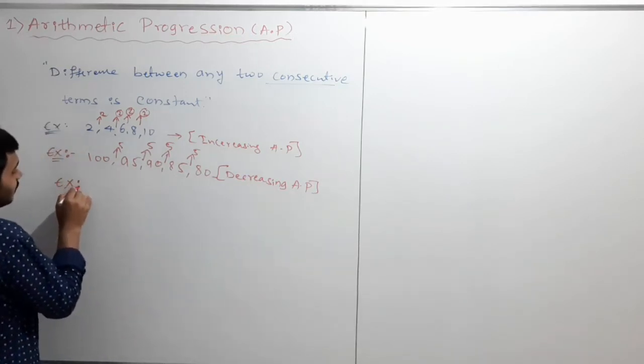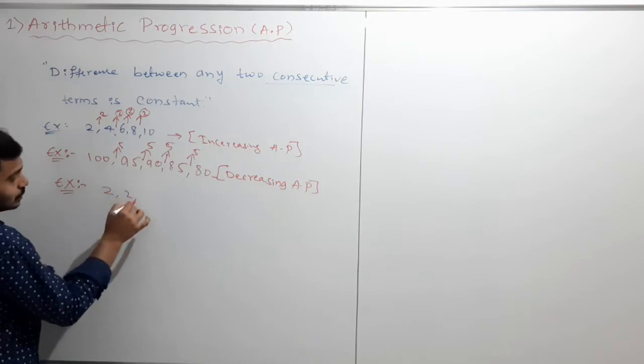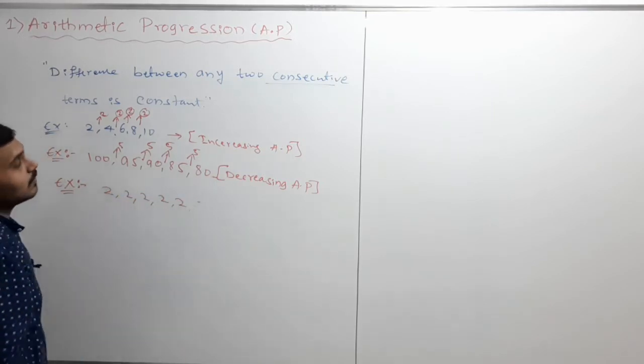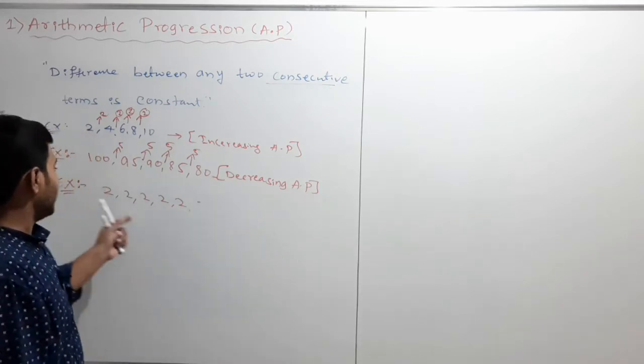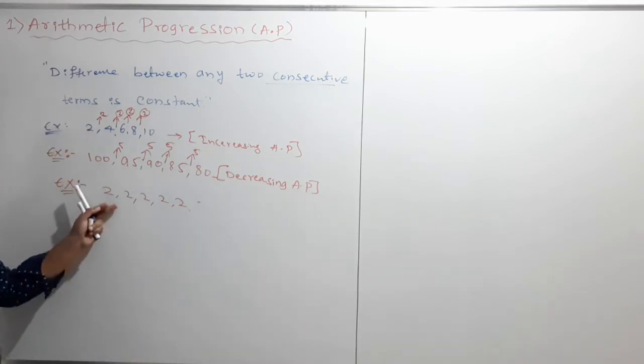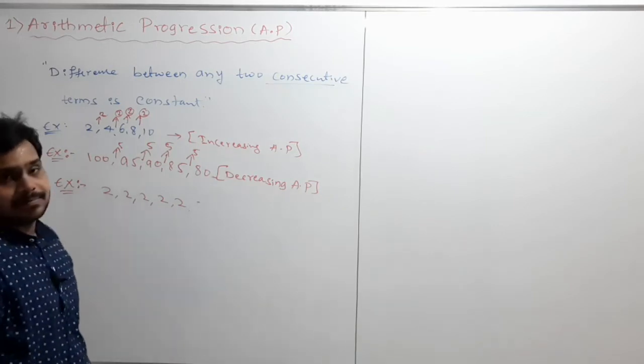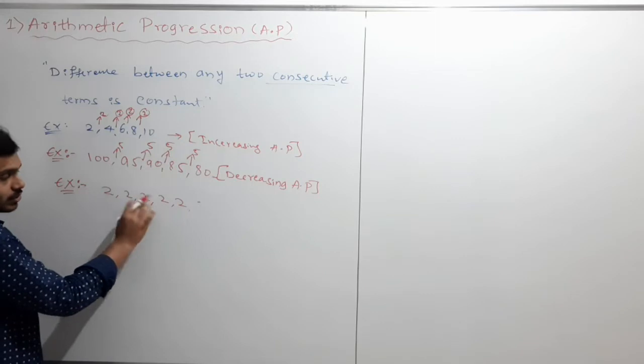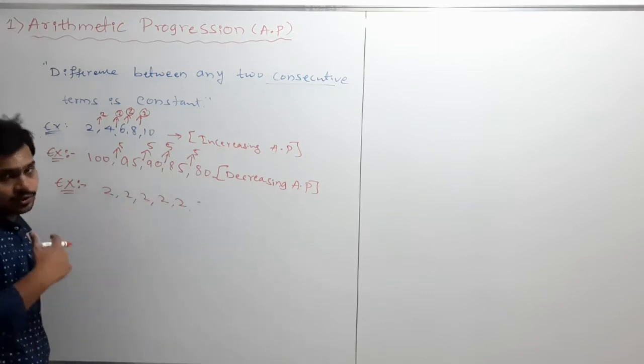Another example you can take, my dear students, is 2, 2, 2, 2. This is also an example for AP, because the difference between two consecutive numbers is the same. Am I clear? 2 minus 2 is 0, 2 minus 2 is 0, like that you can think.